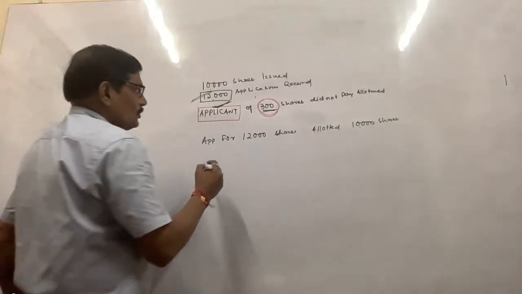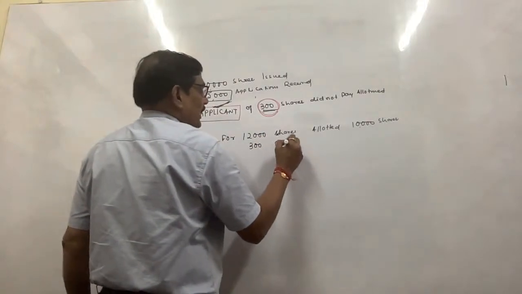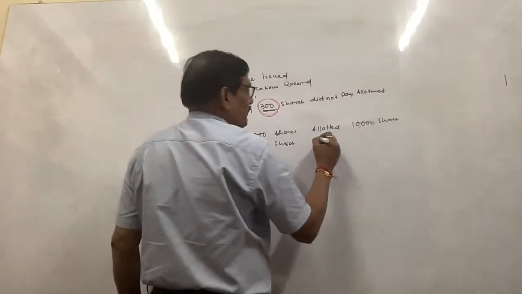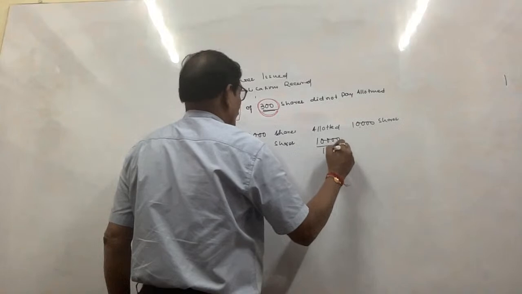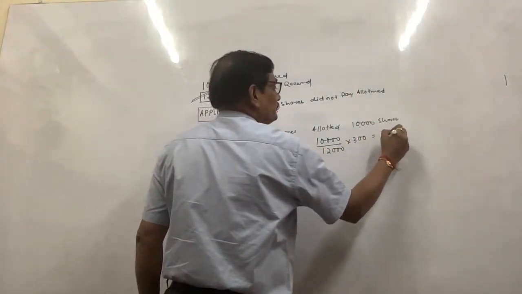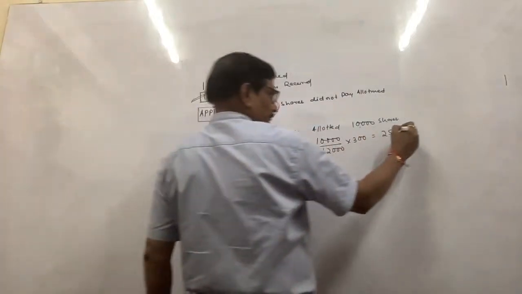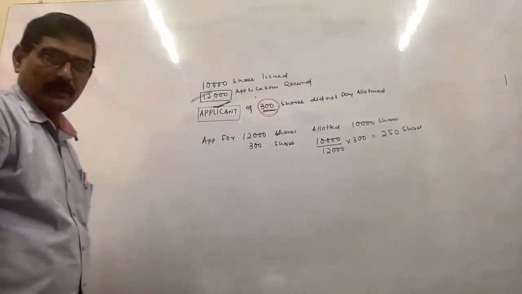So applied for 300 shares, the allotment would be made for 10,000 by 12,000 into 300, that is 250 shares. Right?